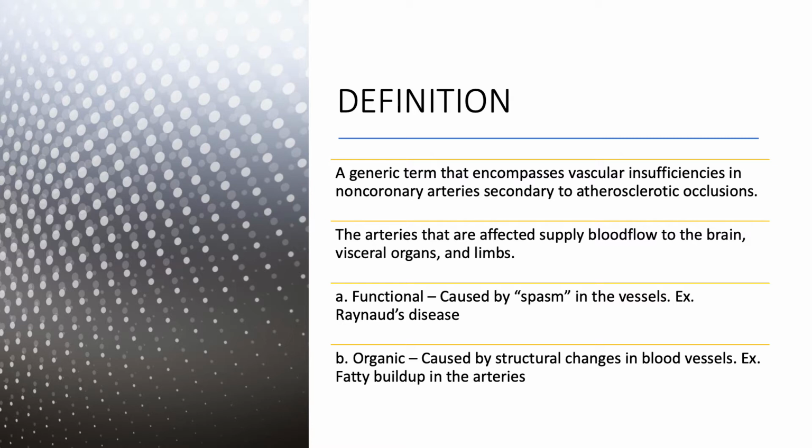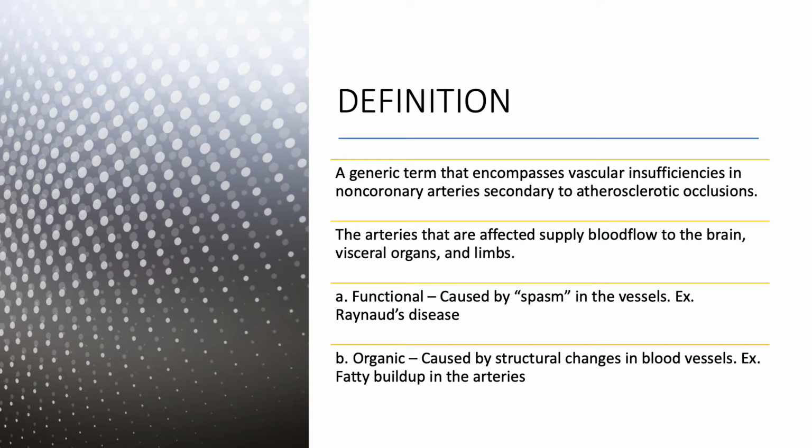We kind of say PAD is like a heart attack, but it's not at your heart, it's at your vascular system, and the source of occlusion is atherosclerosis. That's why we say it's almost similar to a heart attack, but it's actually at your leg. When you have this occlusion, the blood supply to the lower part of your legs will be low, and hence that's why you see all those gangrene and ulcers happening in patients with PAD.